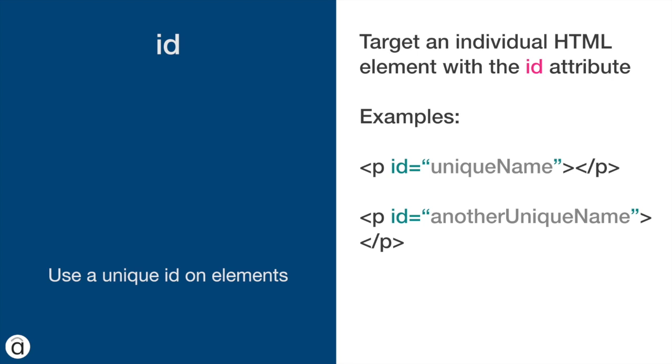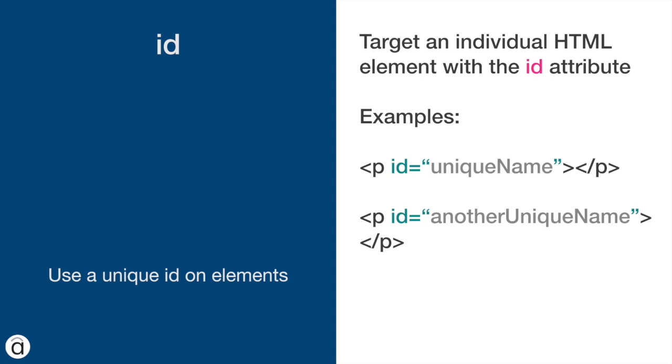Let's have a look at IDs within our HTML and how we code that. You'll hopefully be familiar with HTML, as I said at the beginning of the video, and we can target individual HTML elements with the ID by effectively typing ID equals inverted commas, then give it a unique name.